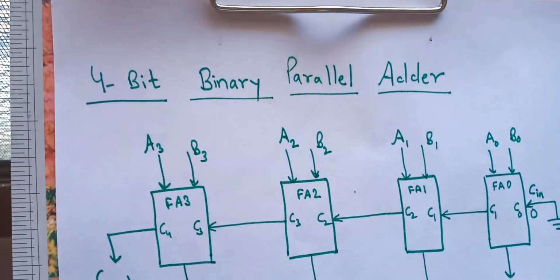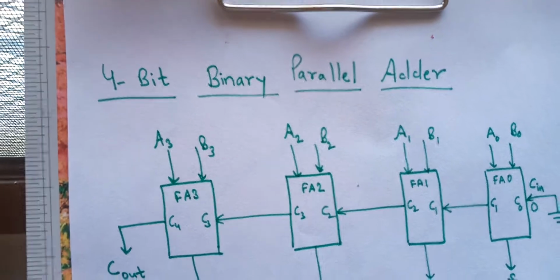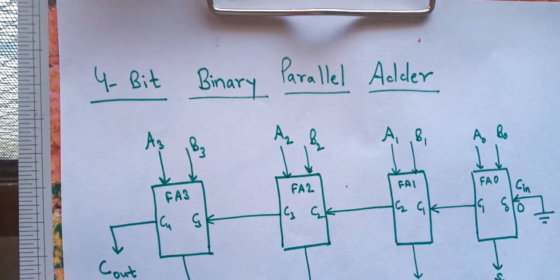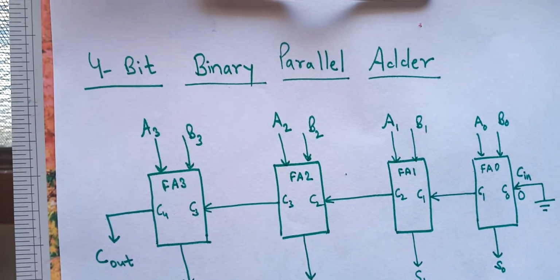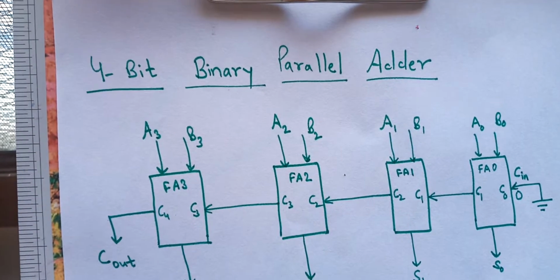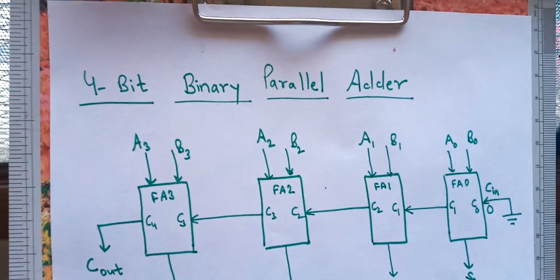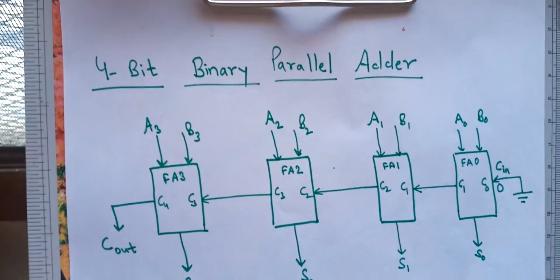So let us see this nomenclature: 4-bit binary parallel adder. It means 4-bit numbers are there. There are two 4-bit numbers and these are binary in nature, and we have to add them parallelly. So we have to design a combinational circuit for this purpose.